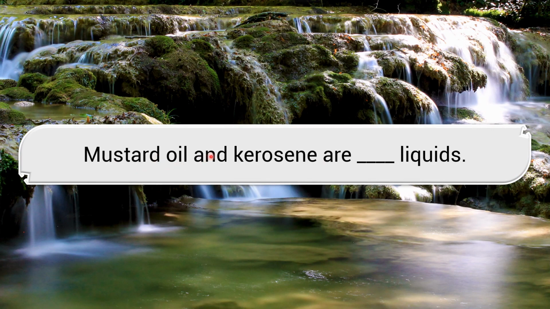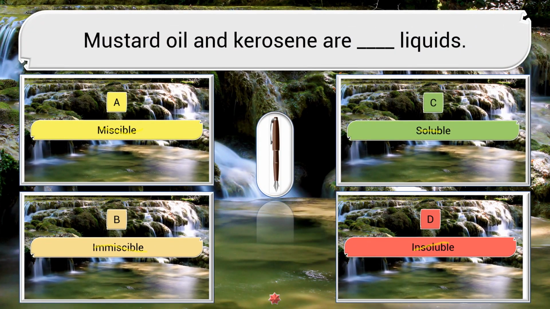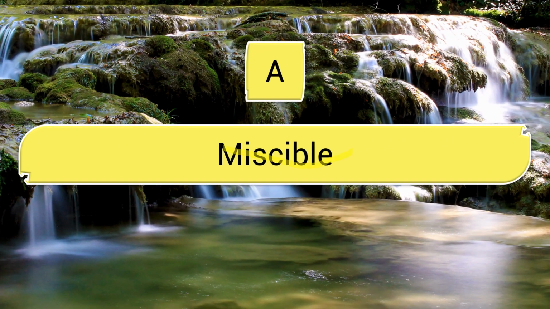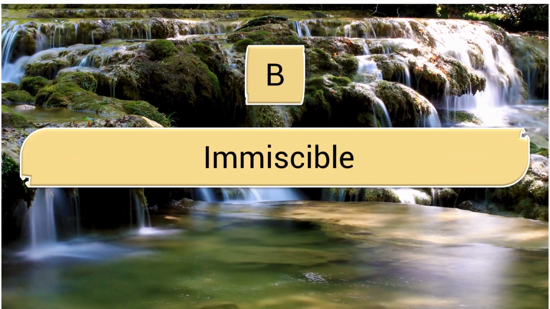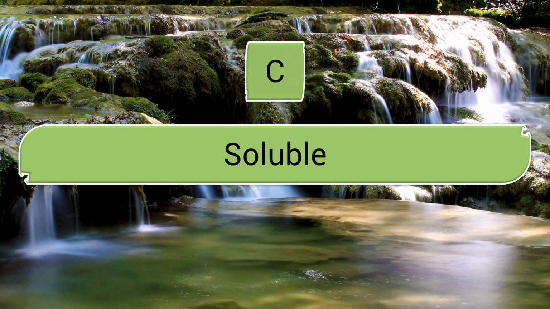Mustard oil and kerosene are dash liquid. Are they miscible, immiscible, soluble, or insoluble?